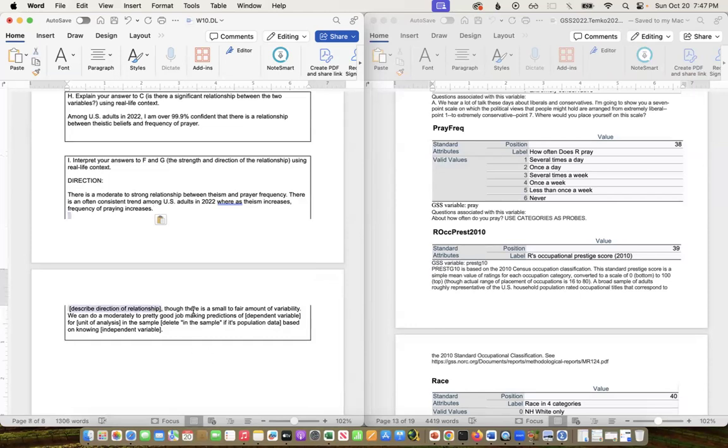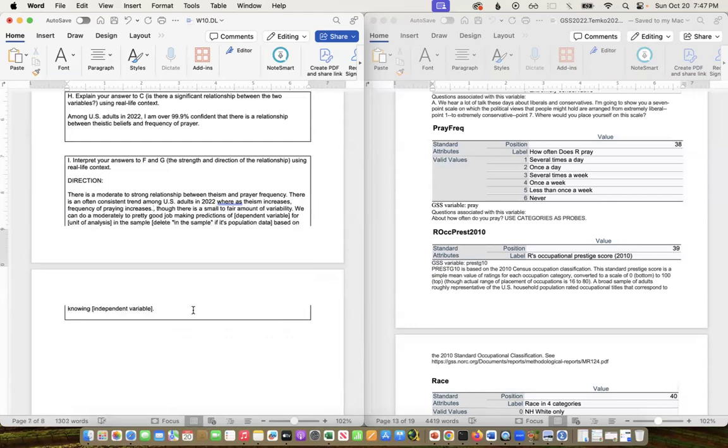So for these, right, it doesn't matter which we think is our independent, though there is a small to fair amount of variability. It doesn't matter which is your independent or dependent variable. We're not arguing whether it's causal or not. We're just talking about the relationship. So it's the same thing as pray frequency increases, theism decreases. As theism increases, pray frequency decreases.